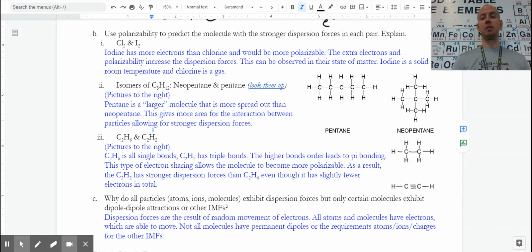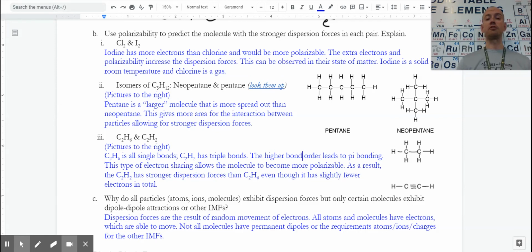C2H6 and C2H2 are pictured over here. These would be ethane and ethyne or acetylene. All of these are single and these are triple bonds. That higher bond order, going from the single to the triple bond, means that we have electrons in pi bonding orbitals. That sort of electron sharing is easier to polarize.